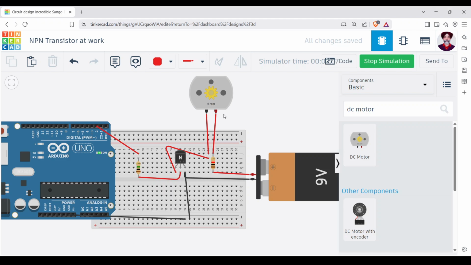We used a circuit with an Arduino. On pin number 2, we are passing it a high and a low at an interval of 1 second. So when a high is passed to the base, the motor gets switched on. When a low is passed to the base, the motor gets switched off. Right? I hope this is clear to you.